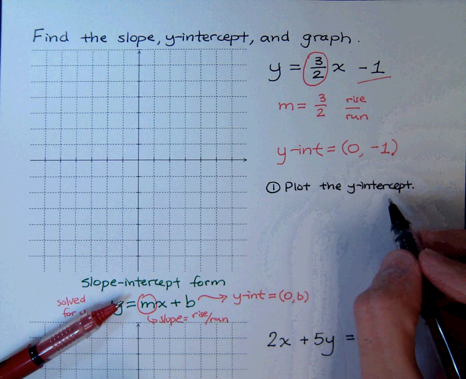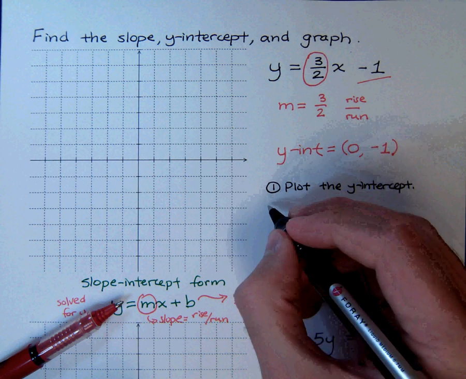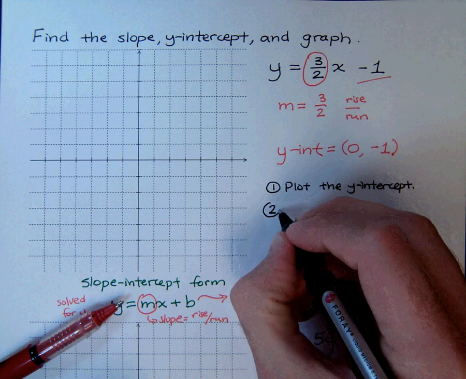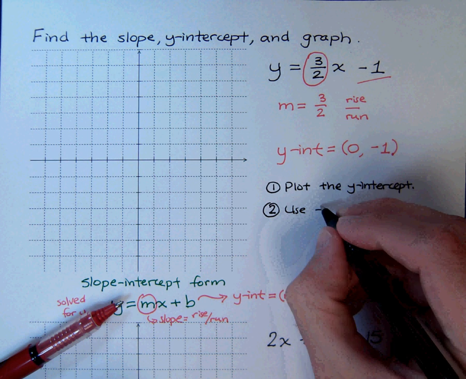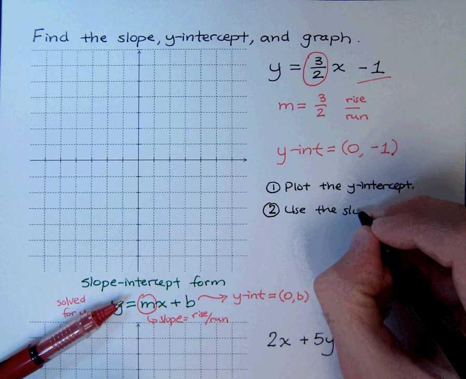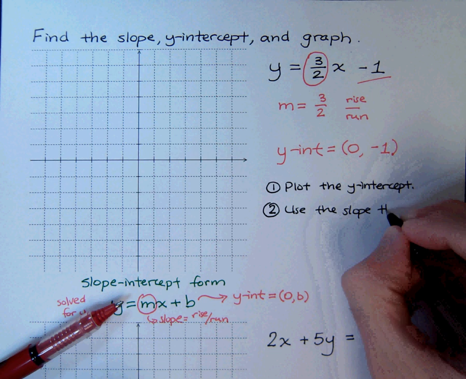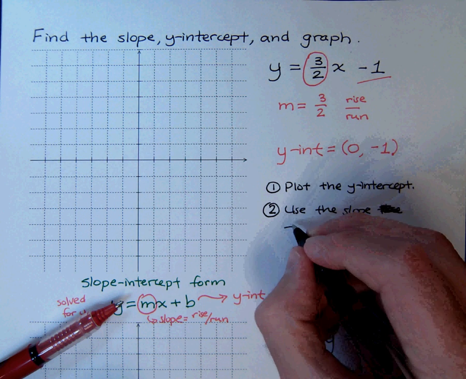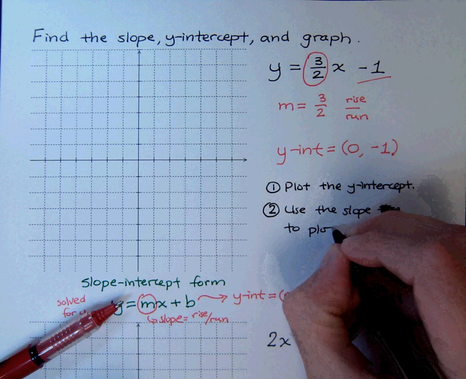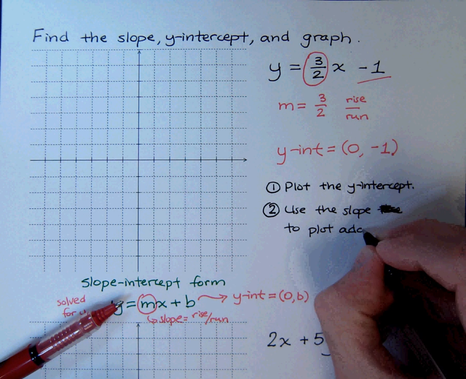And that's the y-intercept, that's the starting point. The directions, how to move, is the slope. So the second part we have here is to use the slope to plot additional points.